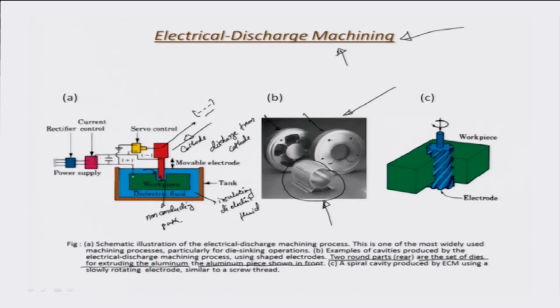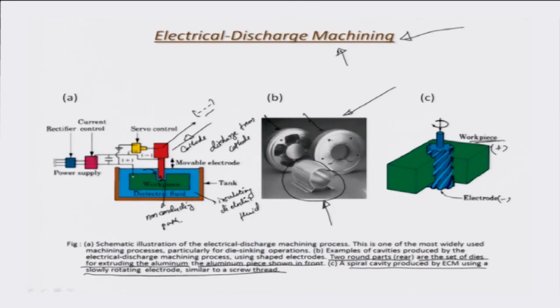This, for example, is another illustration where there is a workpiece made the anode and the electrode made the cathode, and there is a spiral cavity being produced by either ECM or EDM type of operations.